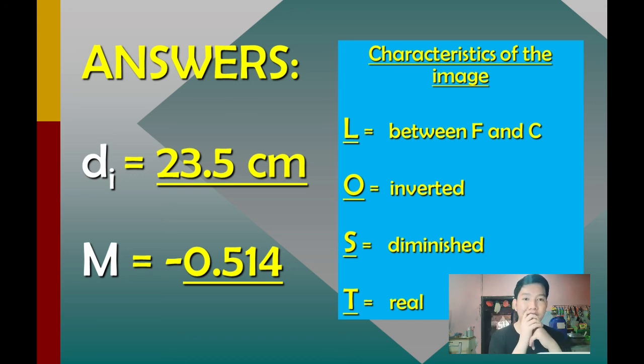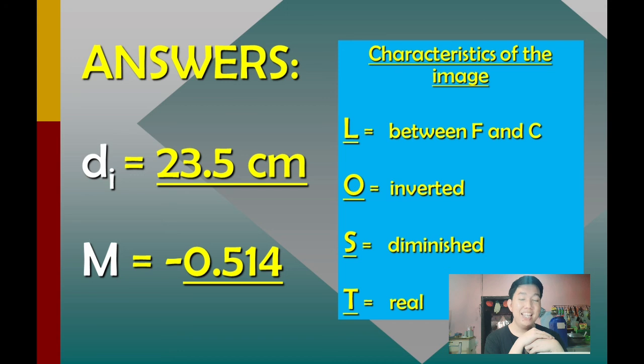How about for orientation? The orientation is inverted. Why? Because as you notice, the value of the magnification is negative, so therefore, it is inverted. How about the size? If you're going to get the absolute value of the magnification, that is 0.514, so that is less than 1, so therefore the size is diminished.